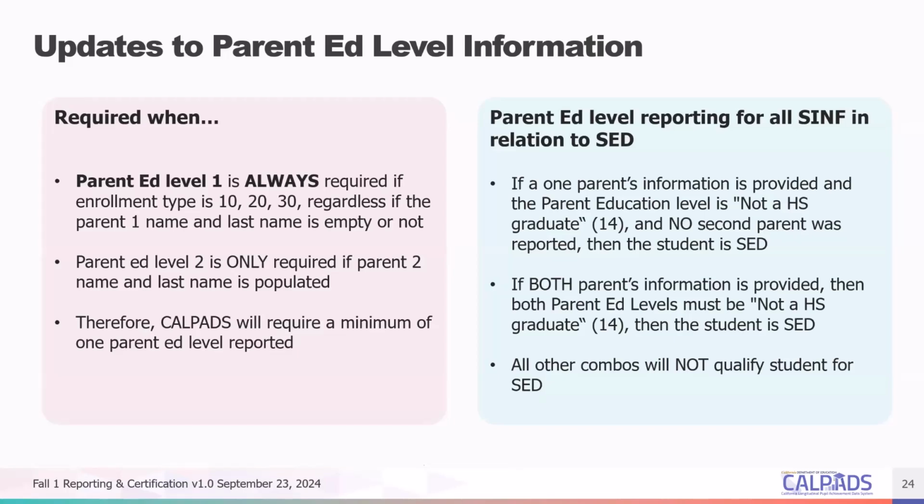If two parents are reported and one parent reports anything other than not a high school graduate, the student's not included. Even do not report or failure to report will discount the student from being included.